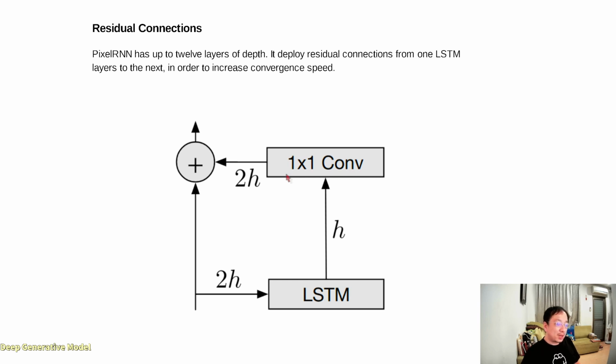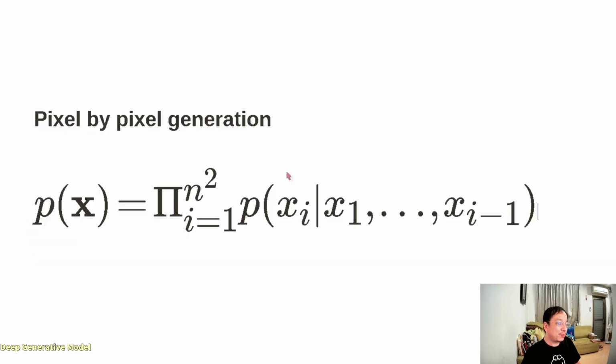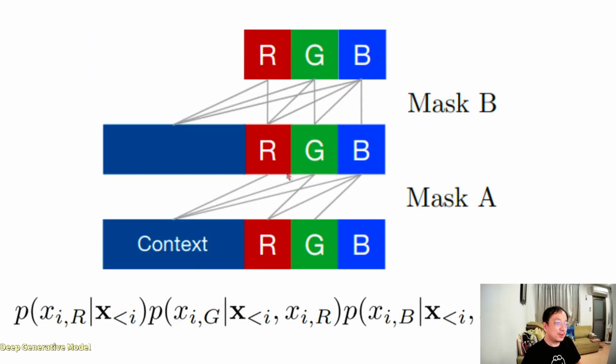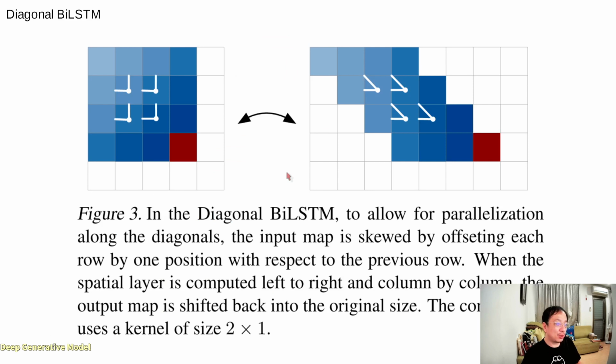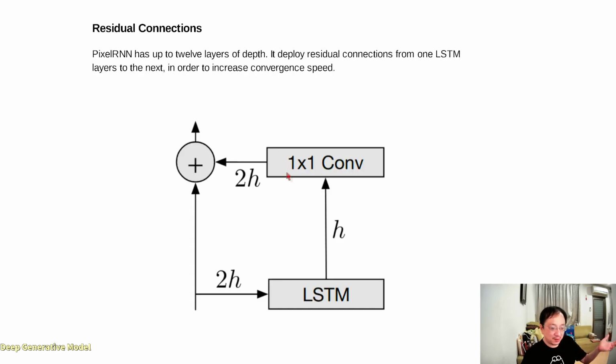So you can basically do the same thing with a CNN. Basically, you can do a convolution because the structure looks very similar. But in the first paper, we have listed two papers in the reference. In the first paper, the PixelCNN does not perform as well as the PixelRNN.